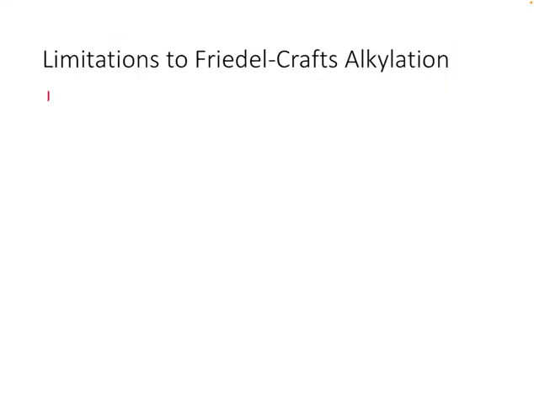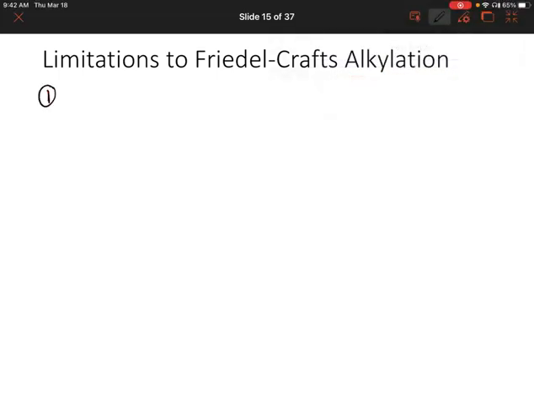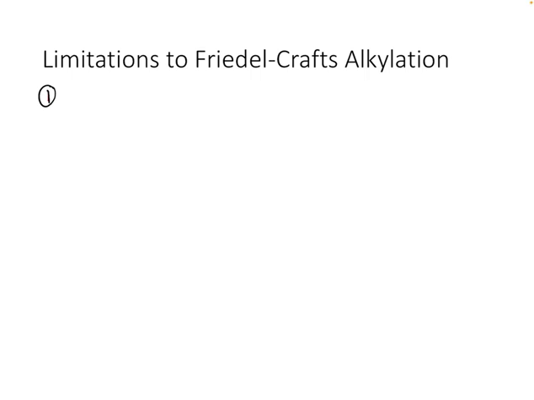So the first limitation, actually I'm going to switch my marker color here. So the first limitation is, again, primary alkyl halides can rearrange, just like we saw in those practice problems.